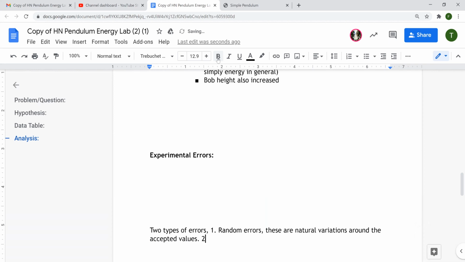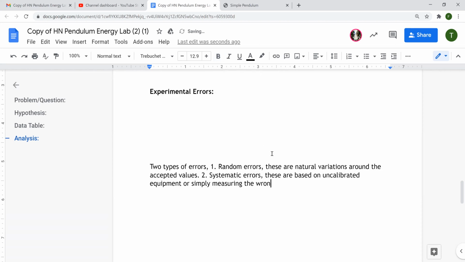The second type are systematic errors, and these are based on uncalibrated equipment or simply measuring the wrong thing, for lack of a better word, over and over again.